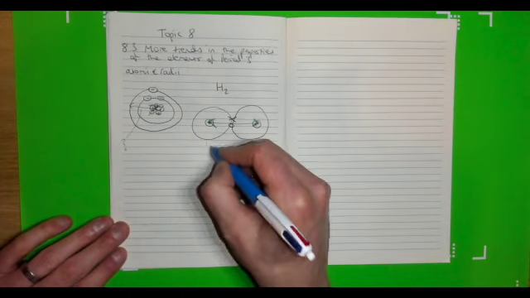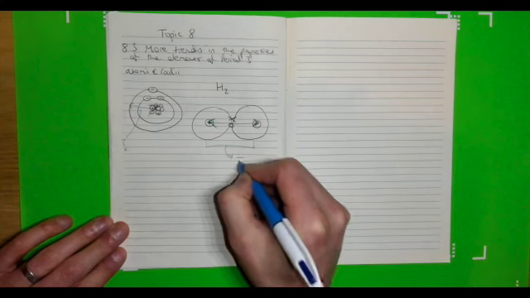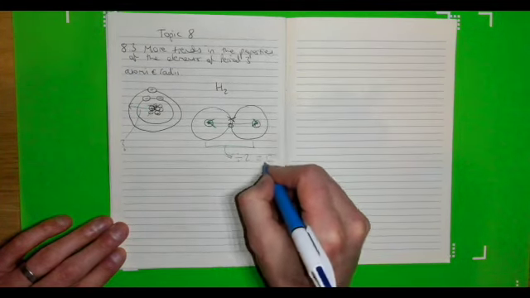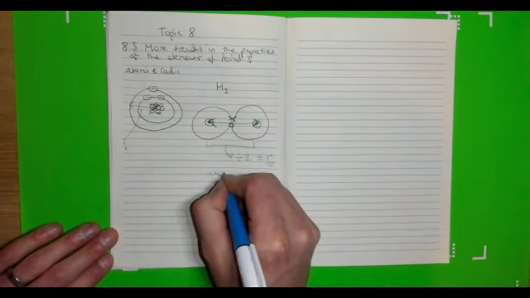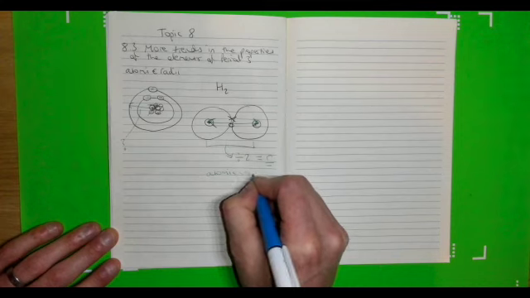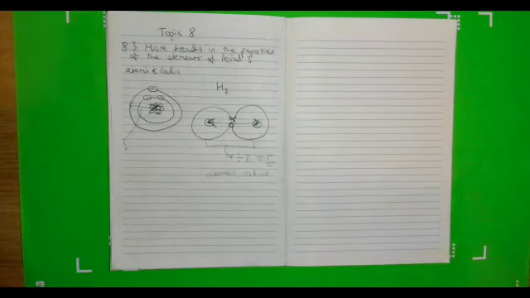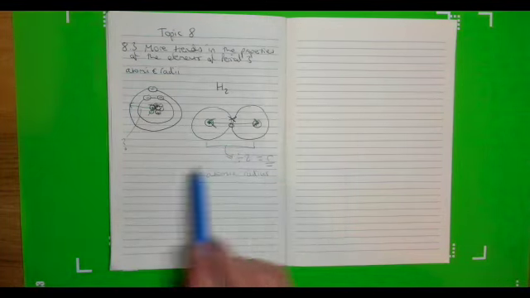We divide it by 2, and that gives us R, which is the atomic radius, or radii if there's more than one. That works for things which are covalently bonded. There's a covalent bond there, so it works if it's covalently bonded.